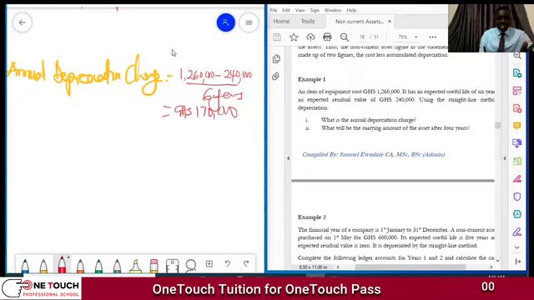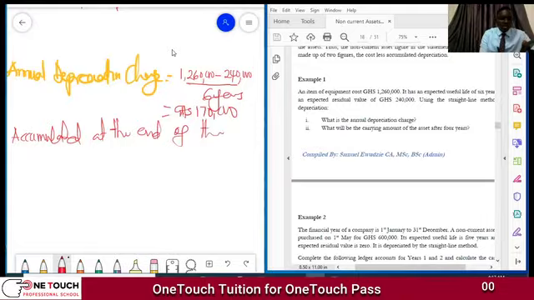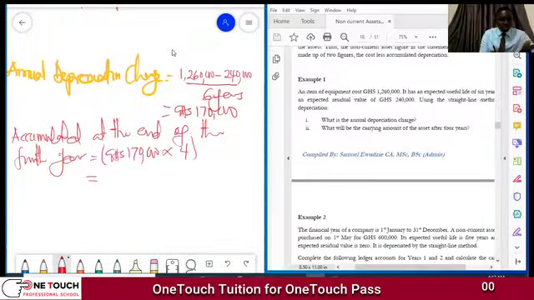If annually this is the depreciation charge, it means that the accumulated depreciation at the end of the 4th year will be 170,000 times 4. So 170 times 4 will be 680,000. Good.